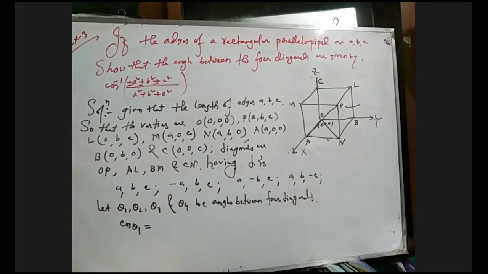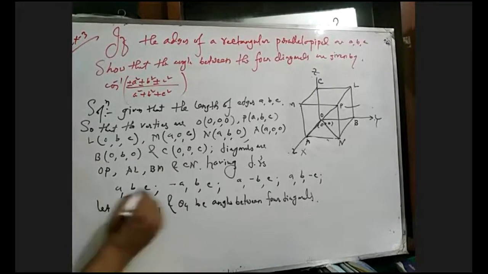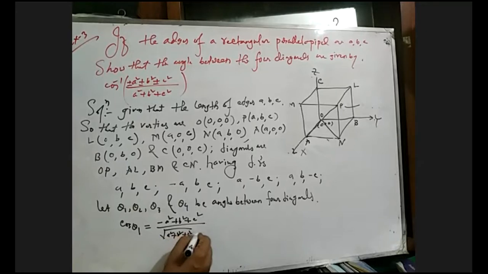Okay, so we get the first angle, cos theta 1, equals minus a square plus b square plus c square, divided by square root over a square plus b square plus c square, times square root over a square plus b square plus c square.